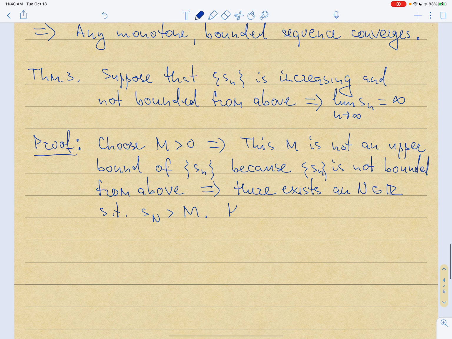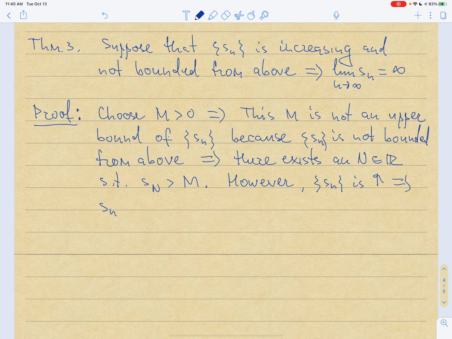However, Sn is increasing. And if Sn is increasing, then surely Sn is bigger than S capital N, if n is greater than capital N. And then if Sn is greater than S capital N, and S capital N is bigger than M, it follows that Sn is greater than M if n is bigger than capital N. And what is the conclusion from that?